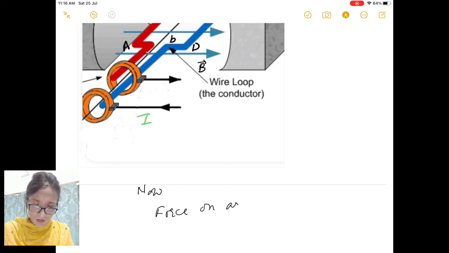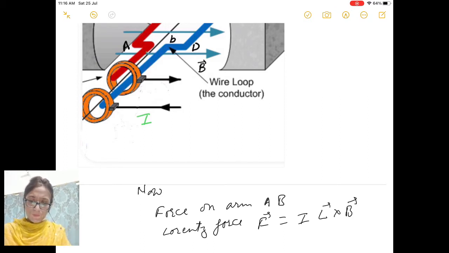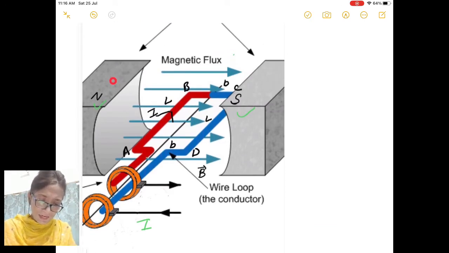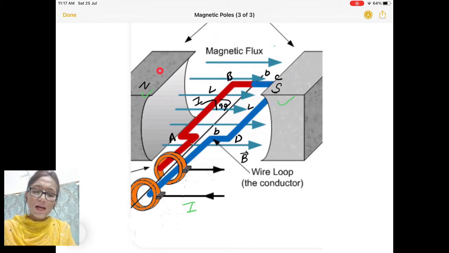Force on arm AB, Lorentz force, F is equal to I L cross B. You can see that the length vector and the magnetic field vector are at 90 degrees.